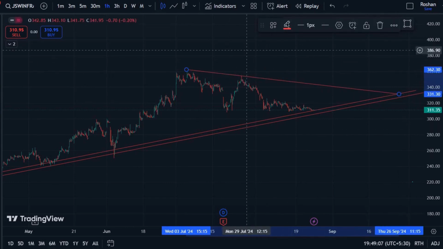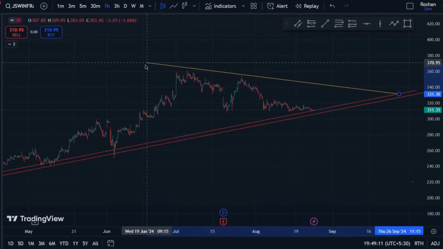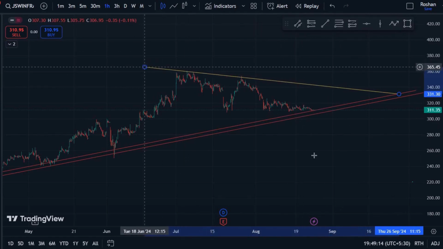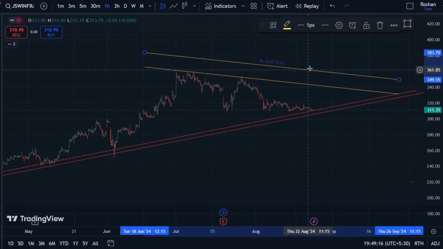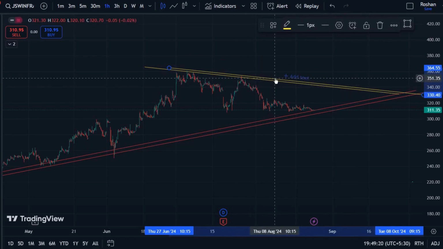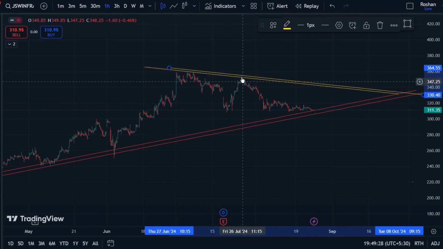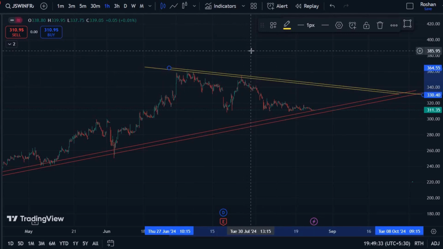And the reason I usually use two trend lines is so that I can cover the top portion and the bottom portion of the candlestick that's on the top of the higher highs or the lower highs. So here, as you see, the trend is down in the 1 hour time frame. The price is making lower highs and lower lows.